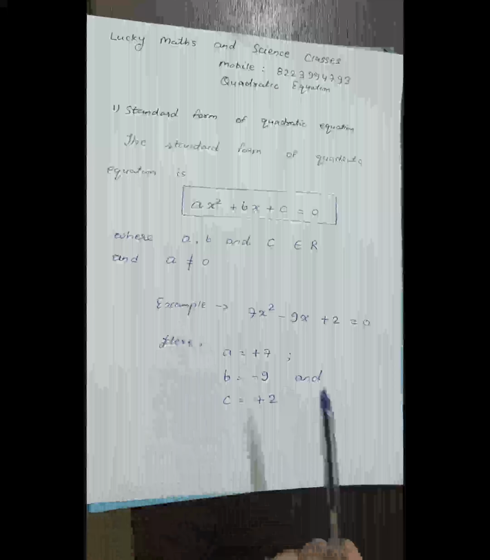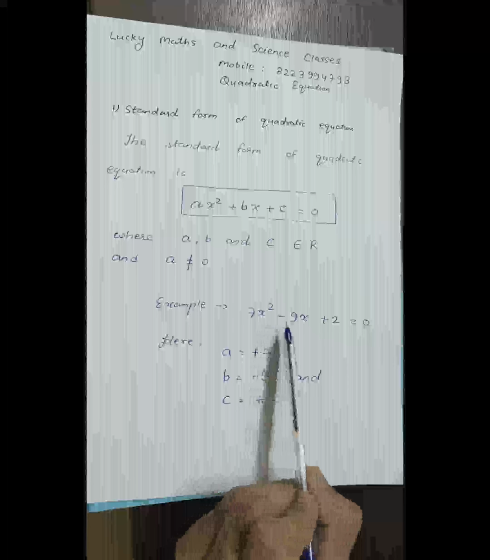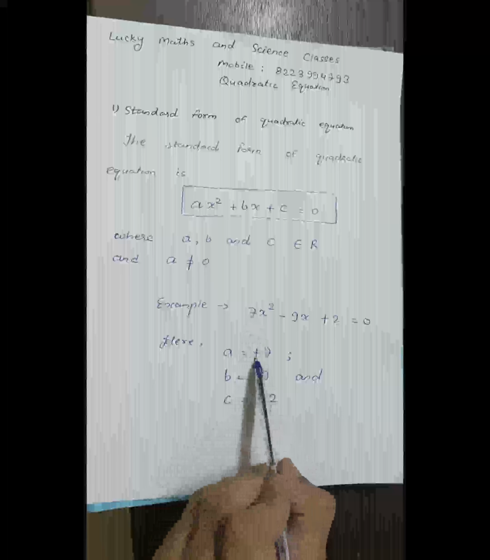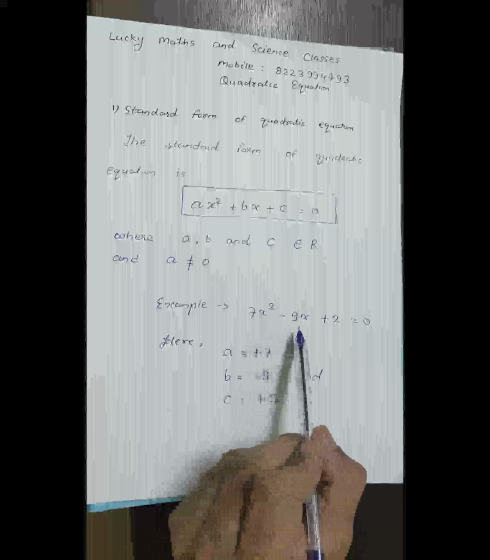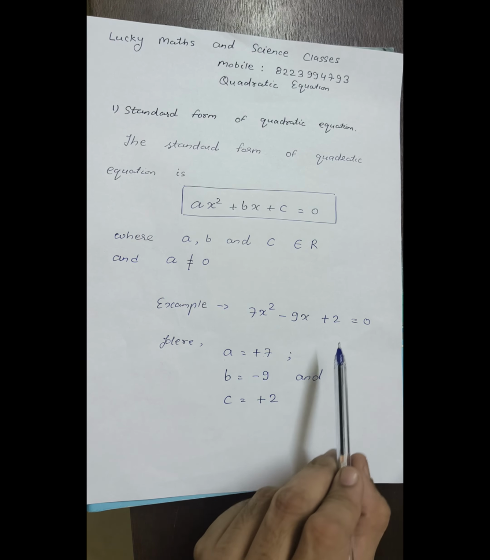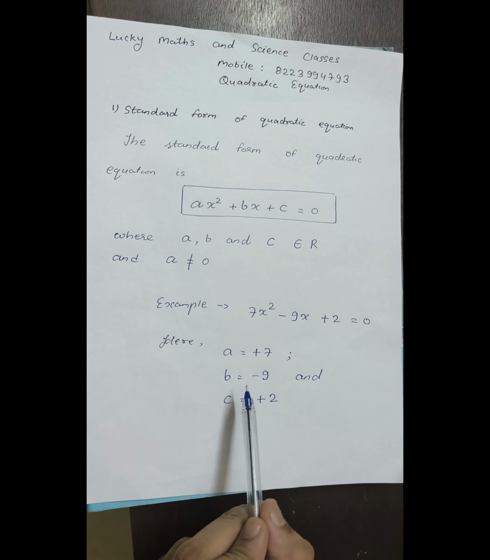A simple example is 7x square minus 9x plus 2 is equal to 0. A is equal to plus 7, B is equal to minus 9, C is equal to plus 2.